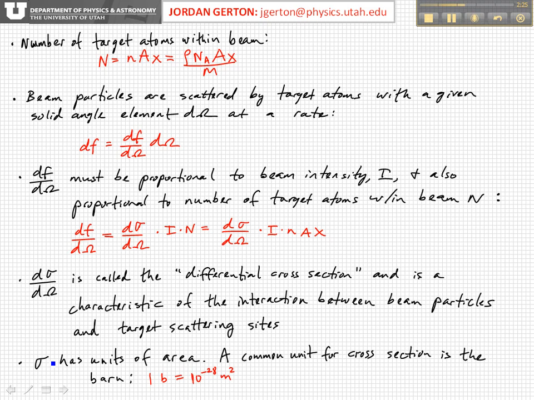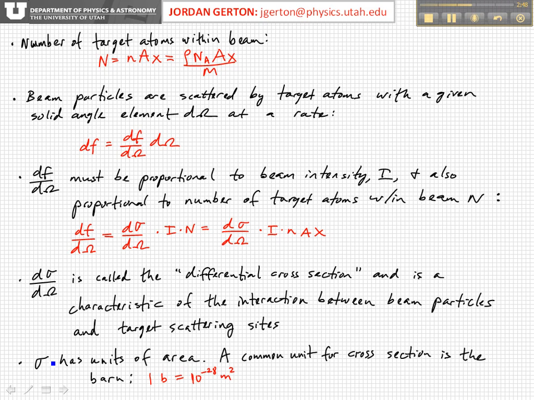When we talk about scattering, what we're describing here is generically called scattering theory, particularly when we talk about scattering off of small particles like nuclei. They're not fundamental particles, but small particles.